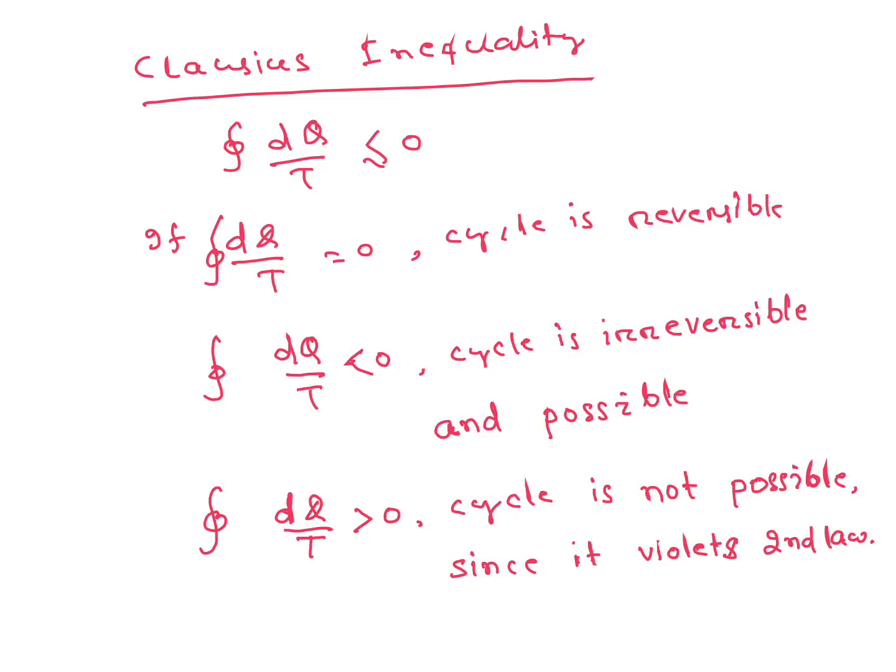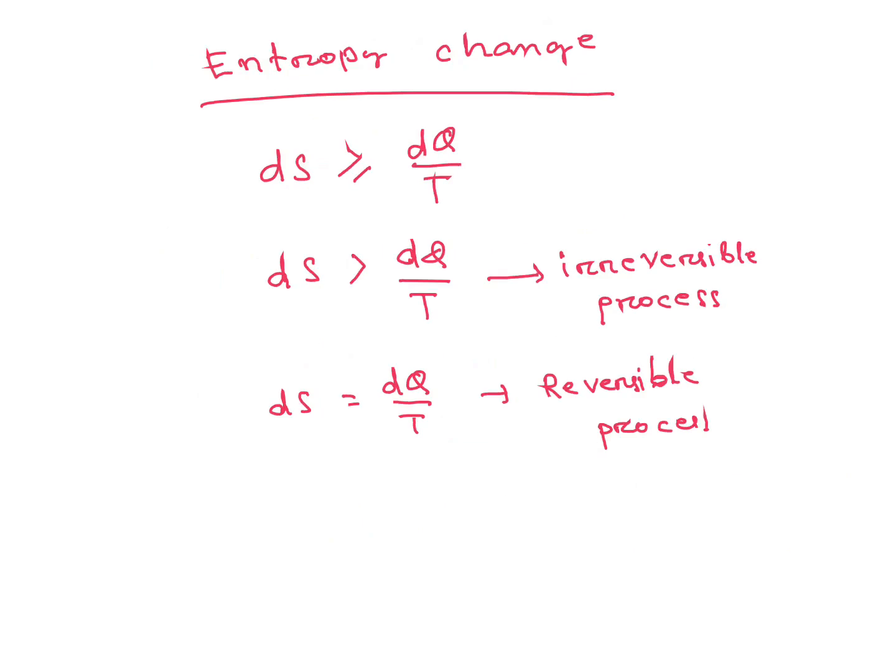And for entropy change, ds is greater than or equal to dq by T. If ds is greater than dq by T, then the process is irreversible. And if ds is equal to dq by T, the process is reversible. This is also very important. In solving problems also, this is useful.